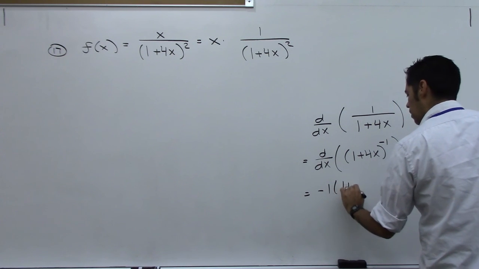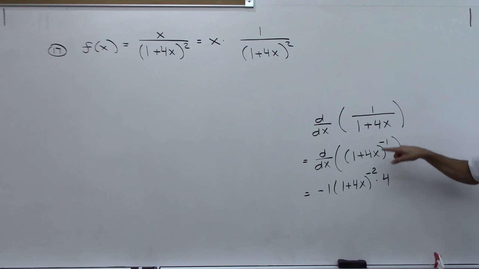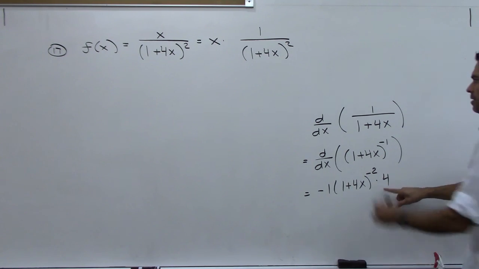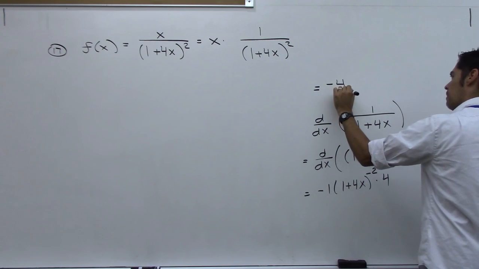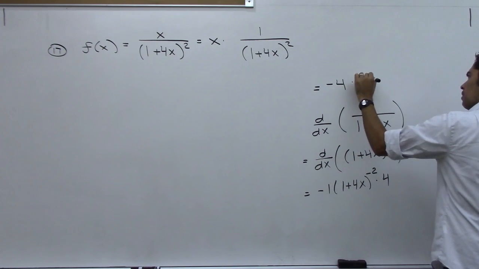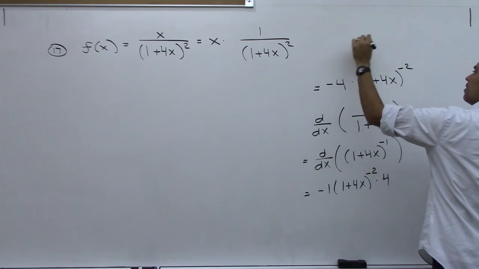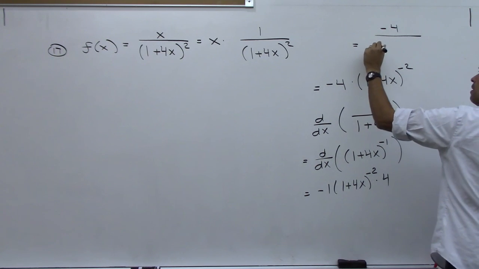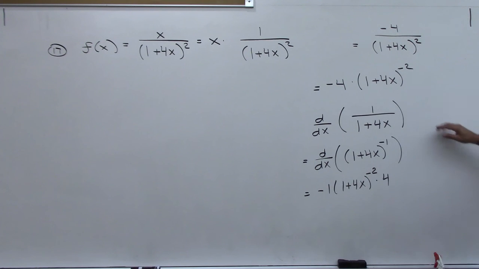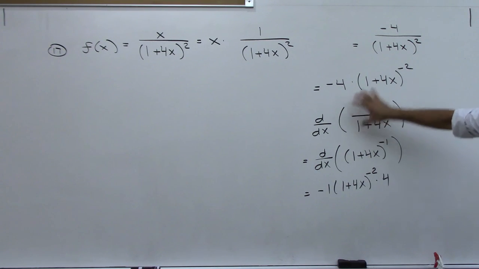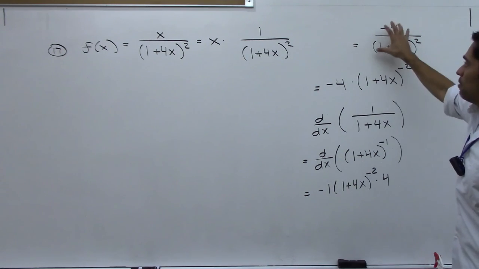And then it's 1 plus 4x to the negative 2 times 4, because you have to take the derivative of what's inside. So this is equal to negative 4 times 1 plus 4x to the negative 2, which is the same as negative 4 over 1 plus 4x squared. So you can see that the derivative of this is this, which is almost that.